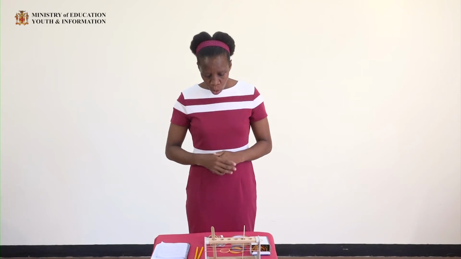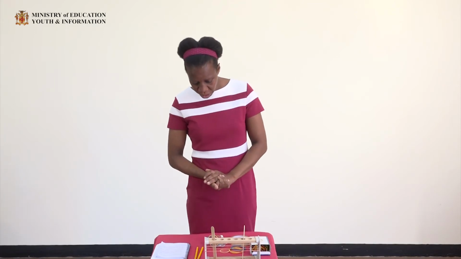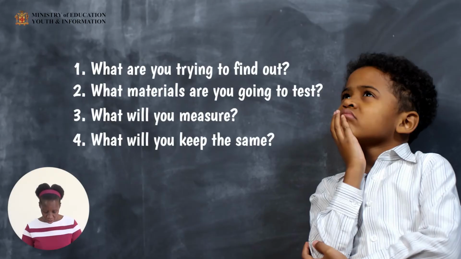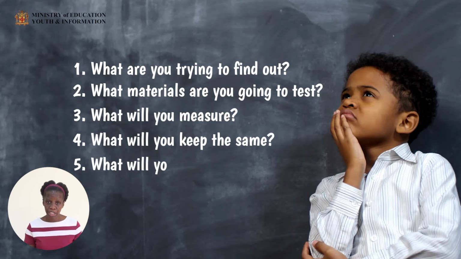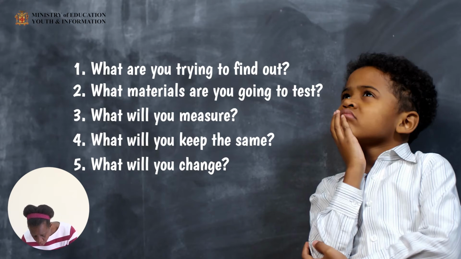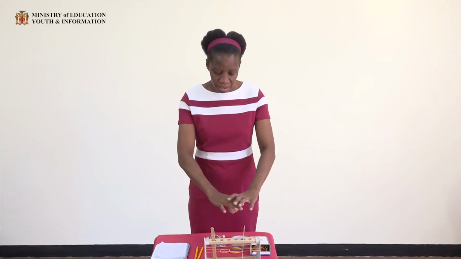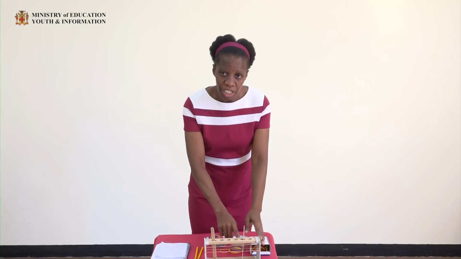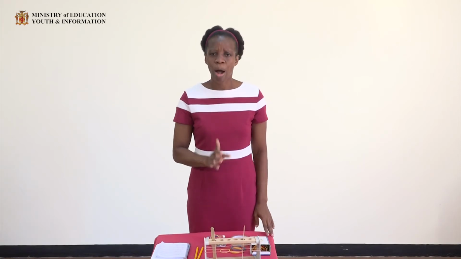Now, what other question could we try to answer in our investigation? What will you change? In this investigation, what are we changing? We are changing the thickness of our elastic bands. So you get elastic bands of the same length and we only change the thickness. Why do we do that?